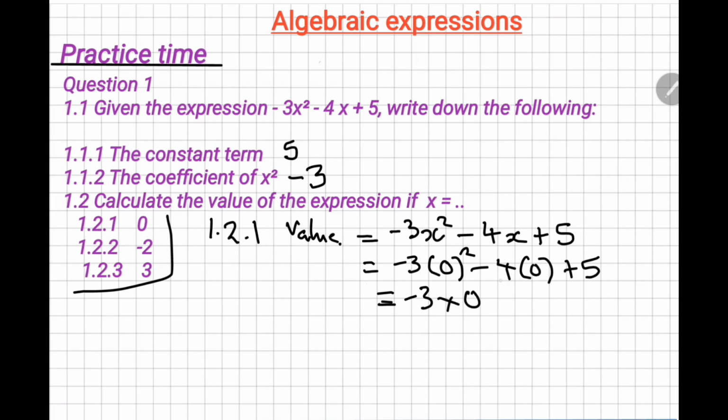What's minus 4 times 0? Becomes 0 plus 5. Minus 3 times 0 is another 0. So we end up with 0 minus 0 plus 5 to give you an answer of 5. Okay, that's 1.2.1.